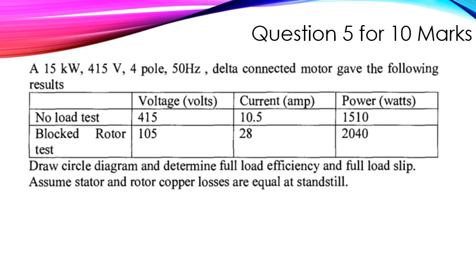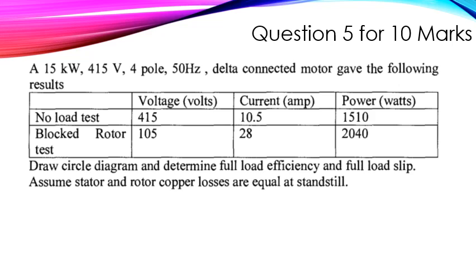The next question is question 5, which is on circle diagram, and it is for 10 marks. A 15 kilowatt 415 volts 4 pole 50 Hz delta connected motor gave the following results. So no load test: voltage is 415 volts, current is 10.5 amperes, and power is 1510 watts.